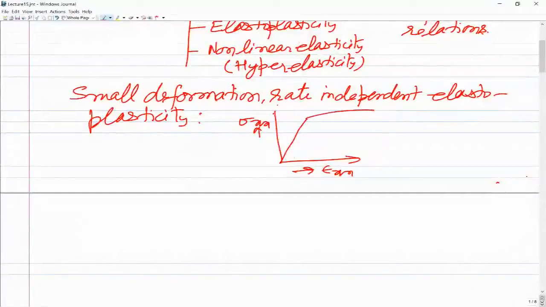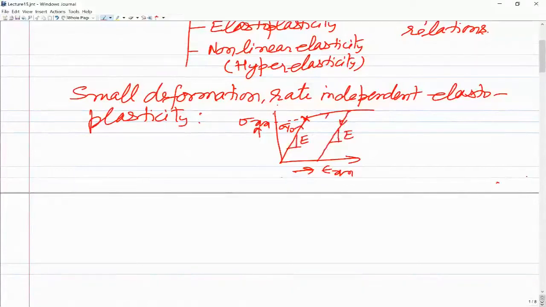This is the starting yield point, the yield stress, let us say the initial yield stress sigma y naught. If you have loaded up to some point and you unload, the unloading slope will also be E. So this is the loading path, and this is the unloading path.